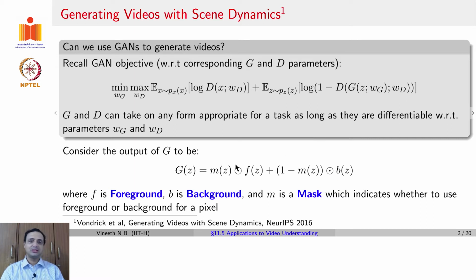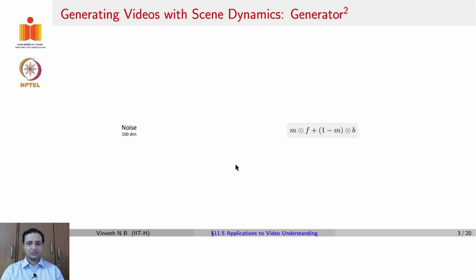Let's see how this is used in a GAN architecture to generate videos. So we have this function here that we just wrote, and we have an input noise vector to the generator of a GAN which is 100 dimensional. Now the noise is given as input to two branches. One branch which is a foreground stream which generates a volume, a 3D volume.